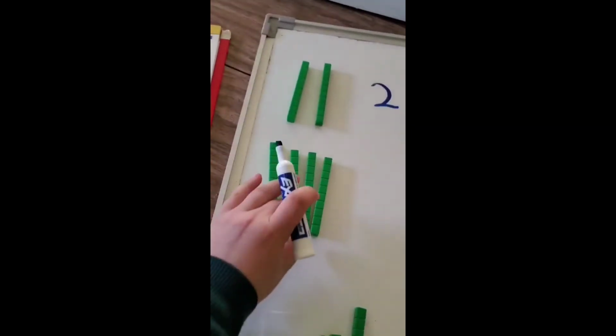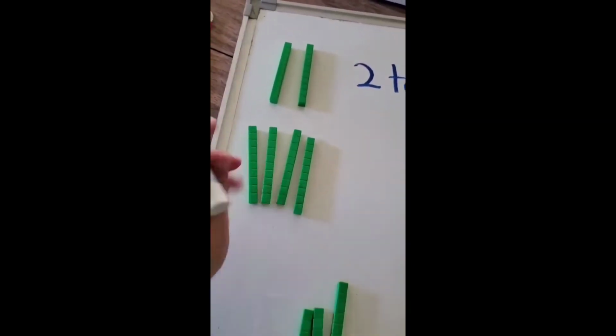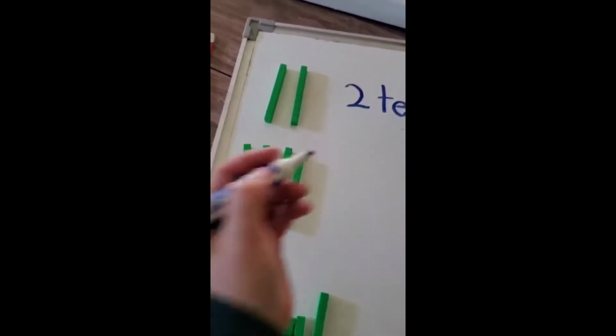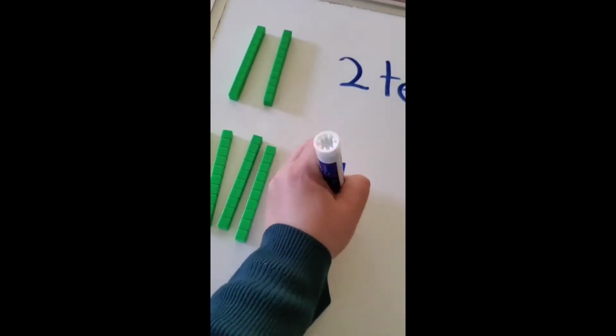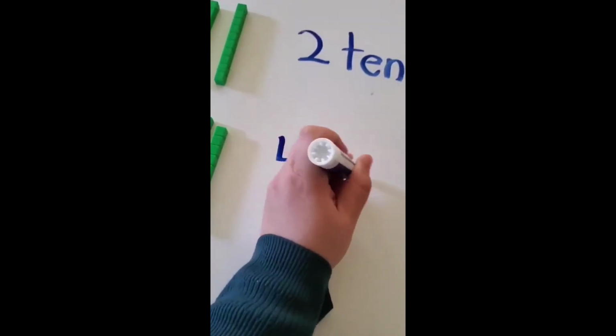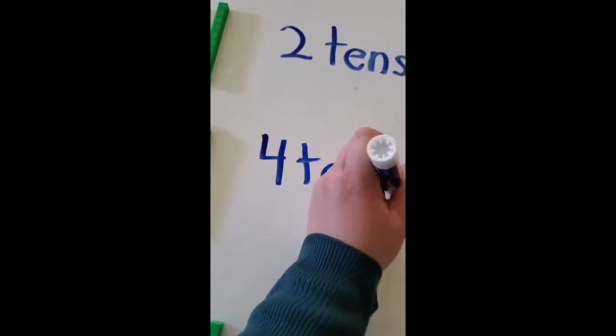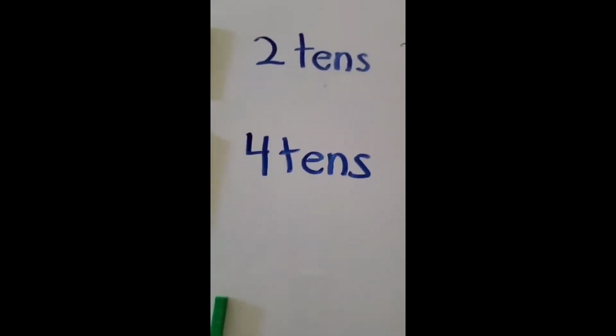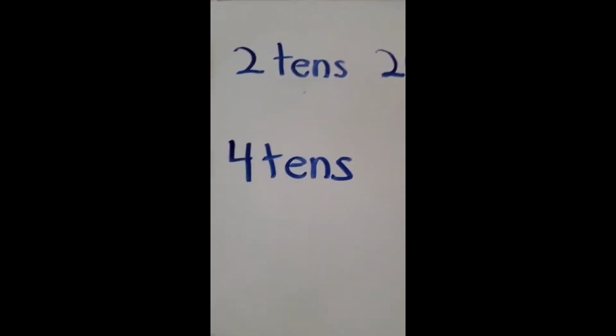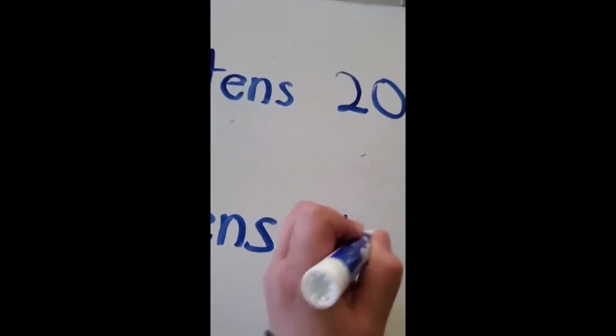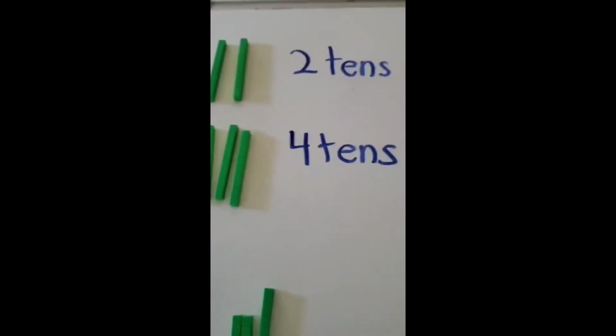Okay, how many rods do I have here? I have 4 rods, so 4 rods is equal to 4 tens, and how many units would I have? You're right. It is 40.